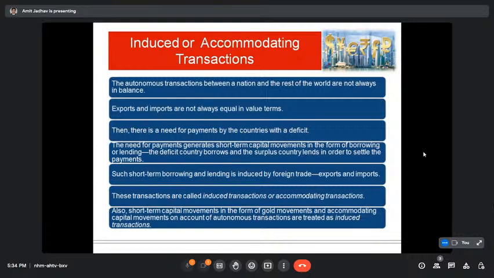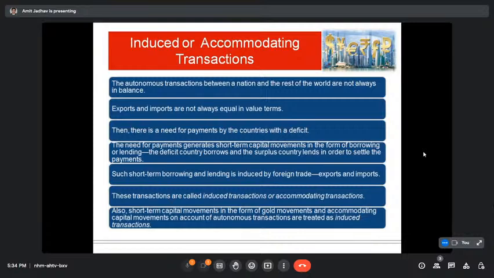Then there is a need for payment by the countries with a deficit. Basically, if export and import are not equal, or if a country has a deficit, they are getting more import than export. So there will be a problem of payment from the deficit country to other countries. The need for payment generates short-term capital movement.